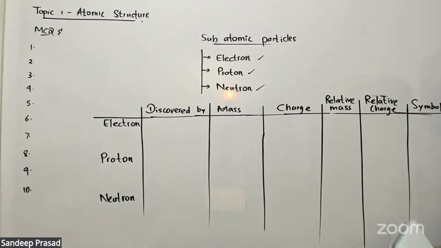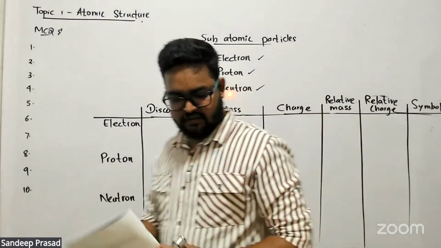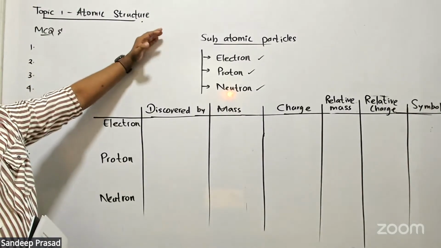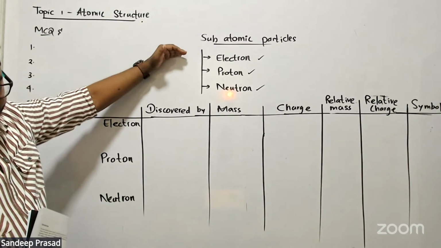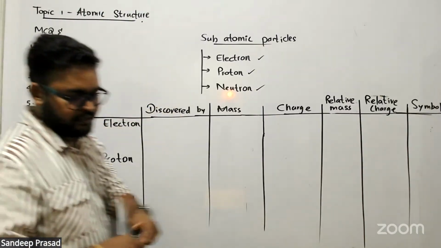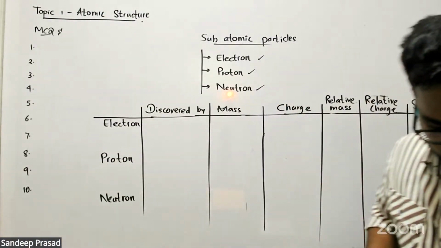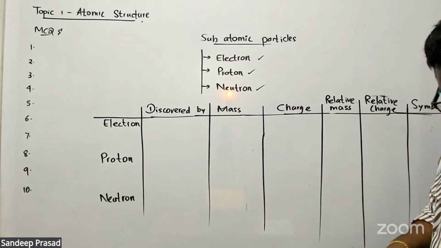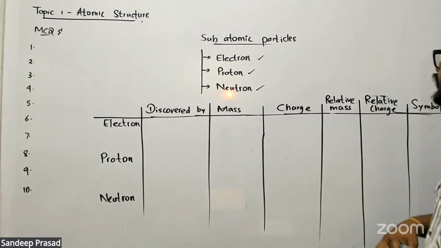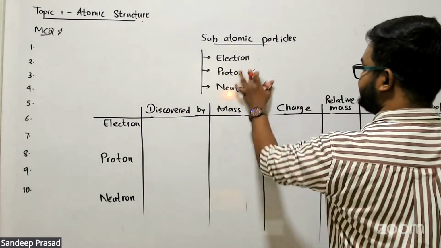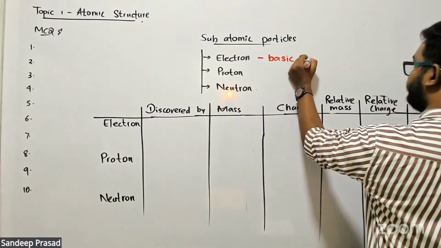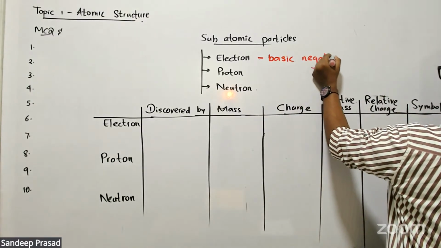Now we are going to discuss these things in A level also, so you have to know about them. What are the three subatomic particles that we are discussing? Electron, proton, neutron. Remember students, the first thing that you have to know is that electron is the basic negative particle in the matter.